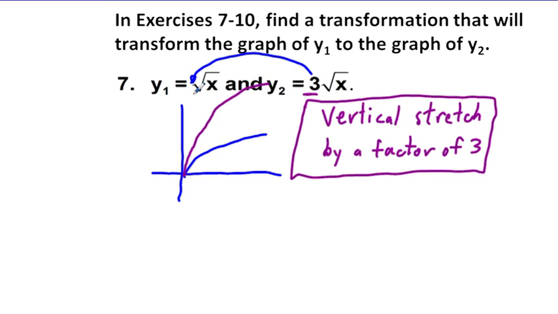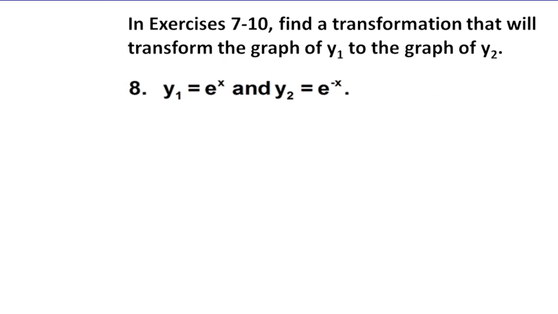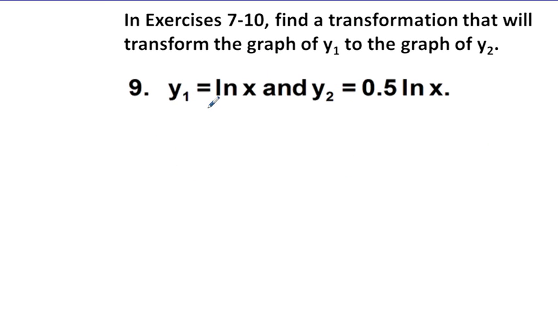Okay. Now on to problem number 9. y1 equals ln x, and y2 equals 0.5 ln x. And the ln x function looks something like this. Okay, now we'll just draw this in purple. So we're going to have this type of function here.